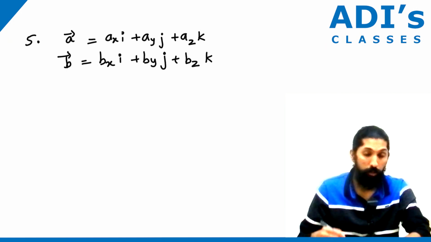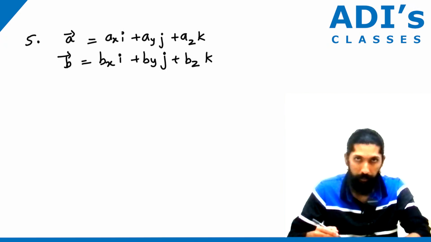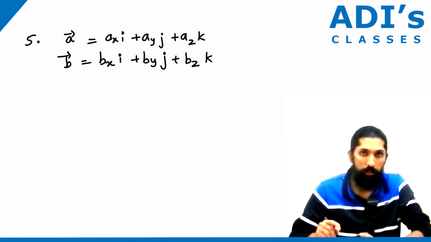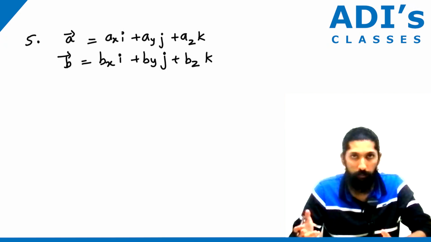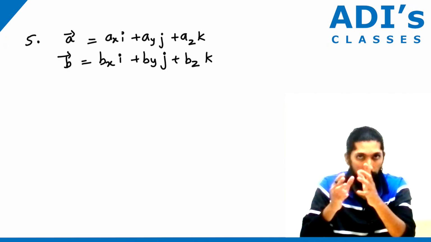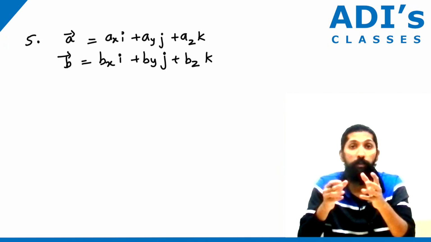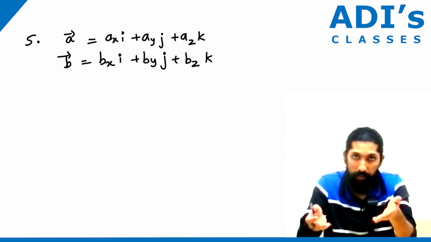Now, whenever we do the dot product between vector A and vector B, fine. Now, since we have resolved this into components, there is no angle theta whatsoever, correct? Theta comes only whenever we are taking the two vectors as it is.